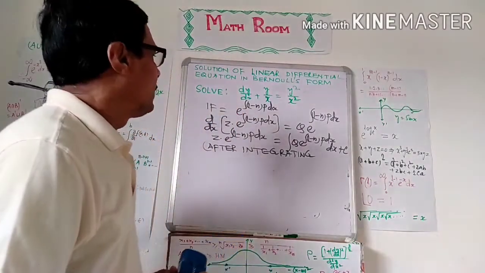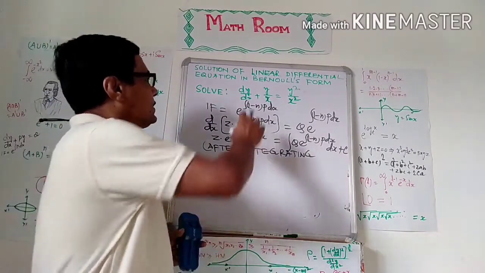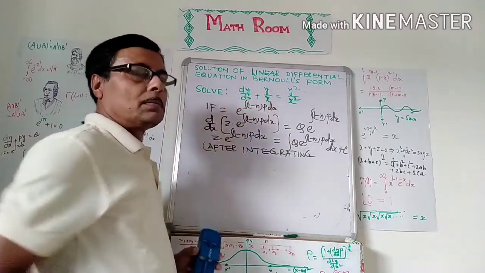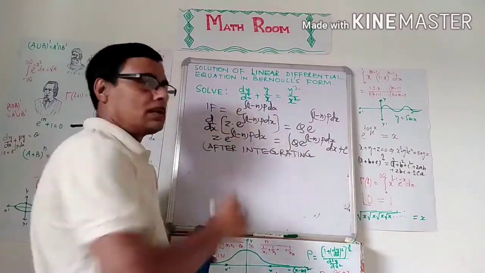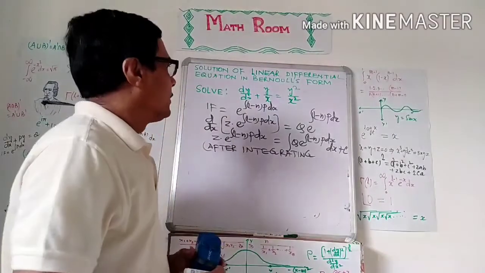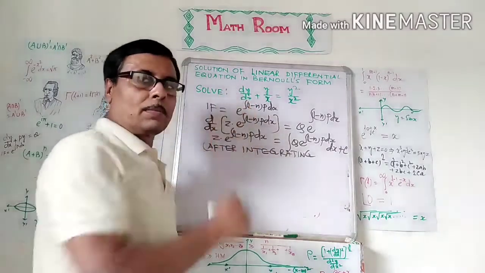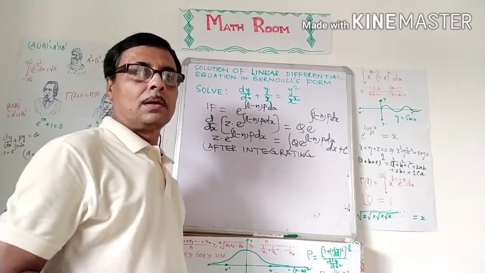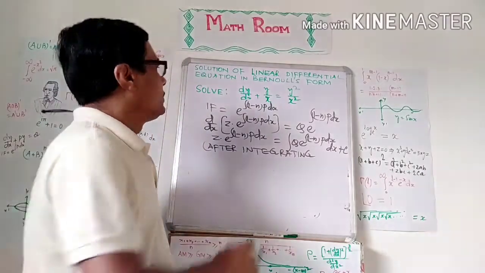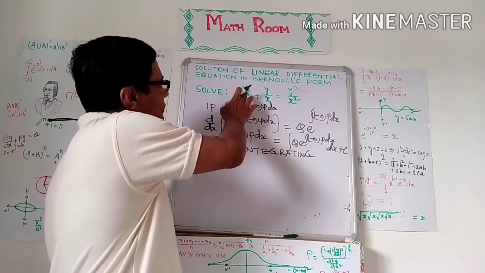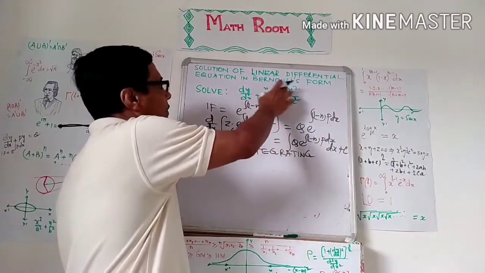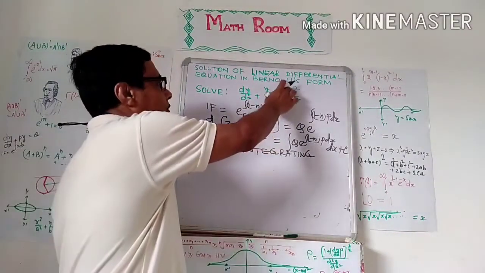So our first job is to make this Bernoulli's equation a perfect linear differential equation. To make this equation a perfect linear differential equation, we have to divide this equation by y to the power 2.